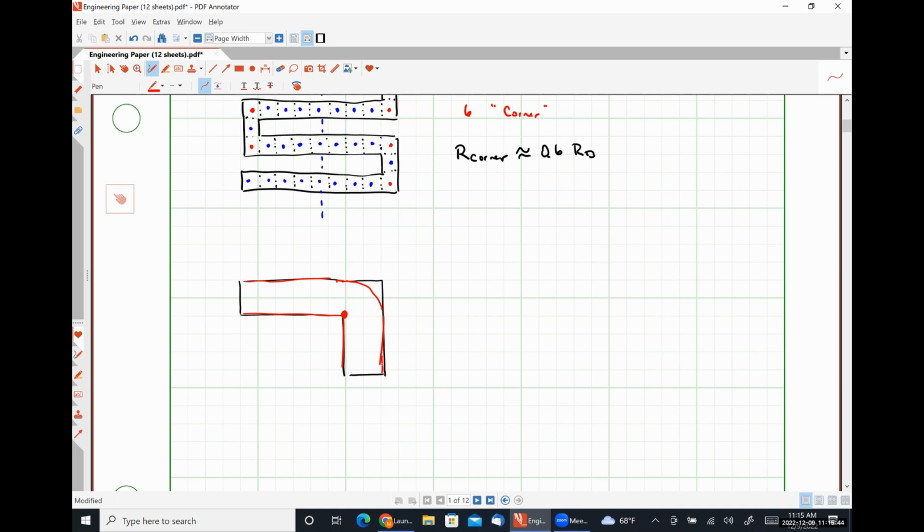And so the area that the current sees as it flows around that corner is about 60% of the actual area of the square. And so that's why the resistance is changed. That's it. It's just purely a function of what our current density, or the amount of material that our current density sees as it travels along that oddly shaped geometry.